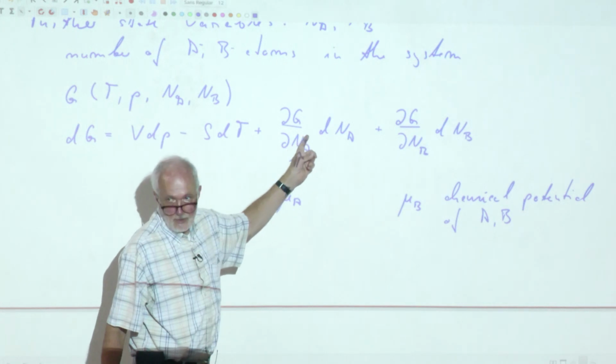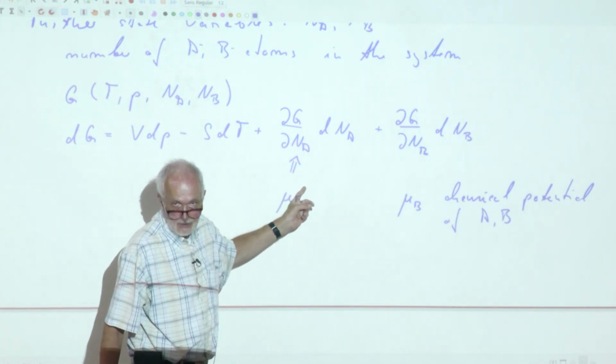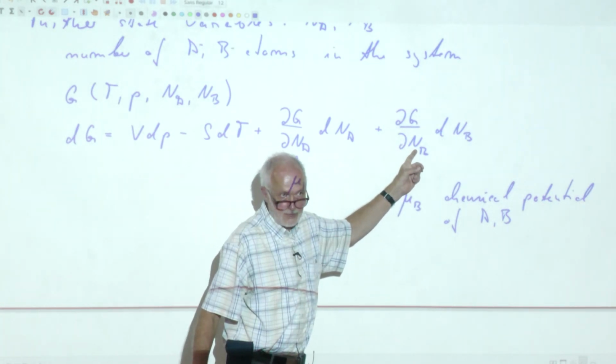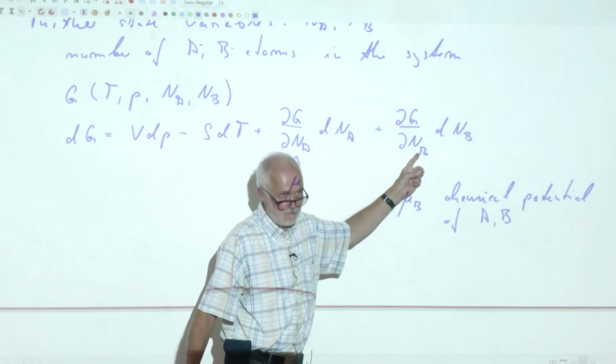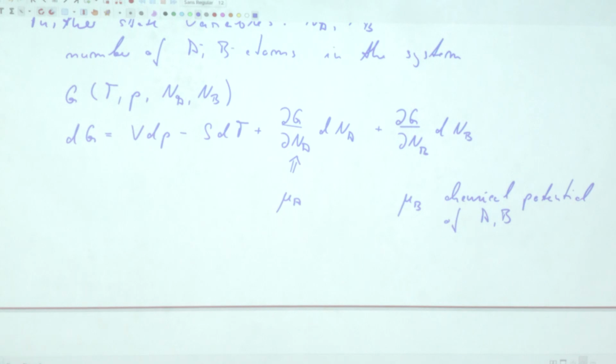And this tells you how much the free energy changes if I add an A atom to my system. Here, how much does the free enthalpy change if I add a B atom? So it's just the change by adding one A or one B atom. This intuitive view, if you don't know it already, you should try to bear in mind.